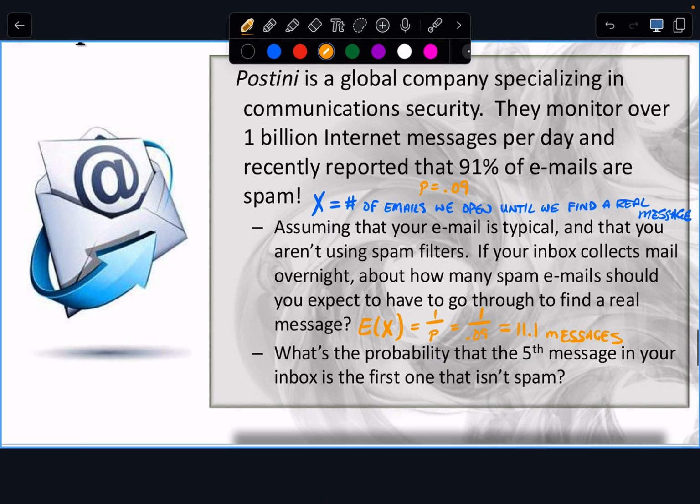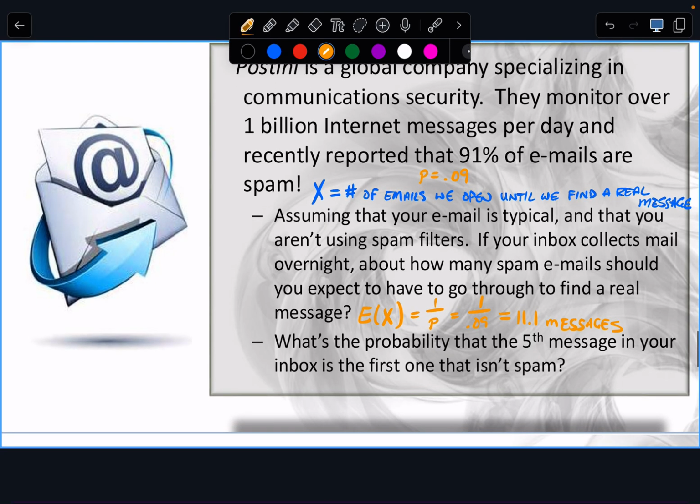That second question, what's the probability that the 5th message in your inbox is the first one that isn't spam? So when I go to calculate this, the first thing, we need to make sure we have the correct notation. So if I want to write the probability that the 5th message in your inbox is the first one that isn't spam, what would that look like in terms of notation?